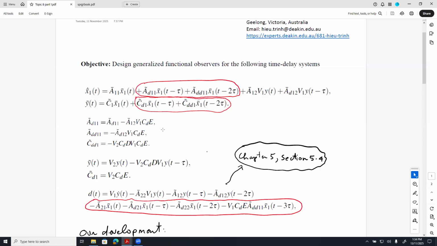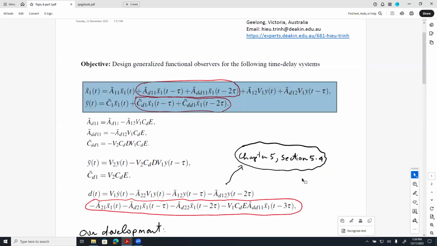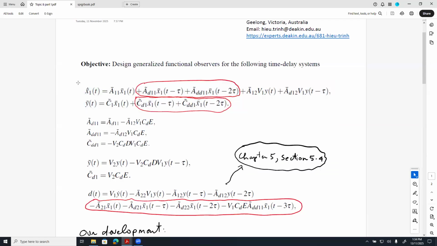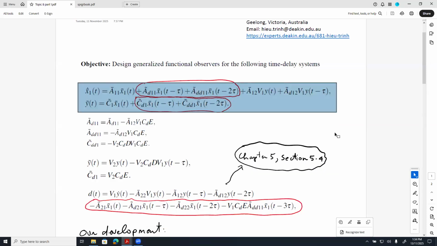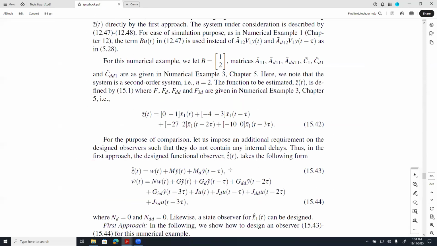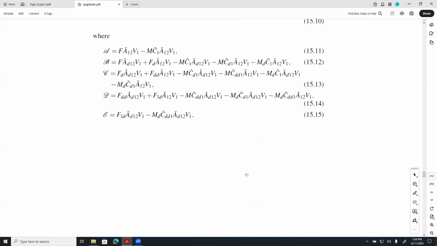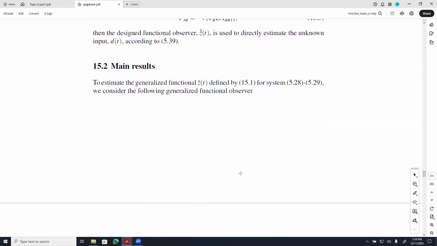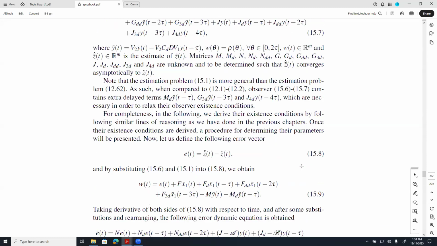People can come up with alternative design methods, for example, to address this problem. But since this is the first time we introduce it, we just adopted our generalized framework, which is what we explained in this presentation. We took the error vector and then took the differentiation of it, and we derived the existence conditions systematically.